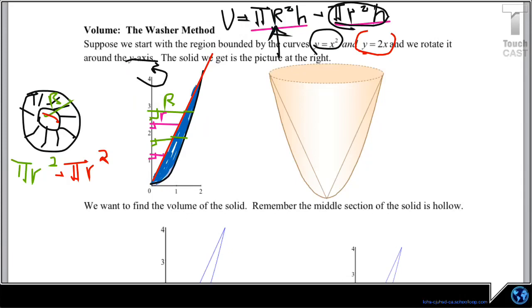Since my spin axis is vertical, I want to integrate with respect to y, which means I need my equations in x equals form.